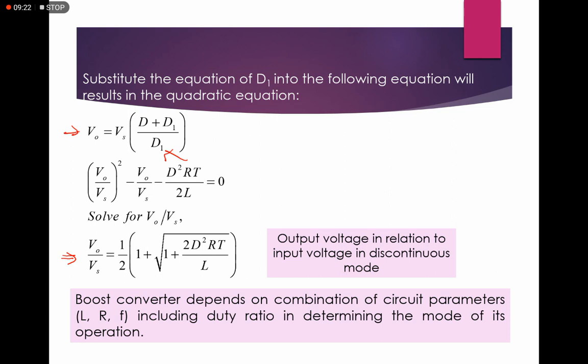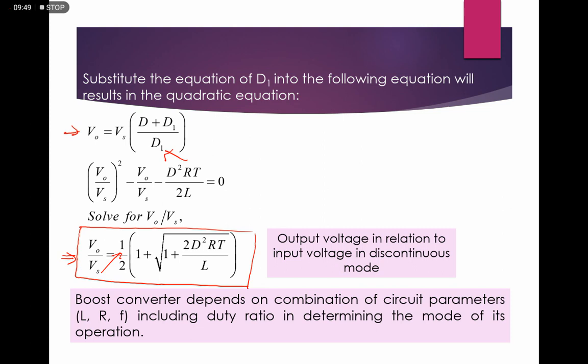Then you rearrange the equation, and you'll be able to solve for your output voltage. If you need to find your output voltage, it will be equal to this equation over here. You just bring Vs to the side, so it goes from the denominator to the numerator.